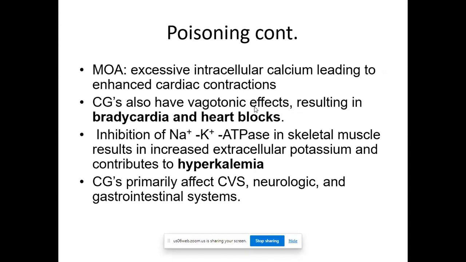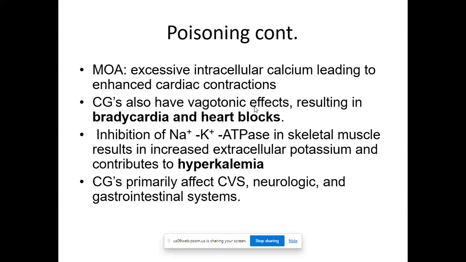The mechanism of action: we learned these cardiac glycosides work by inhibiting the sodium potassium ATPase. So this will lead to excessive calcium, leading to enhanced cardiac contractions. They also have vagotonic effects, which will lead to bradycardia and heart block.